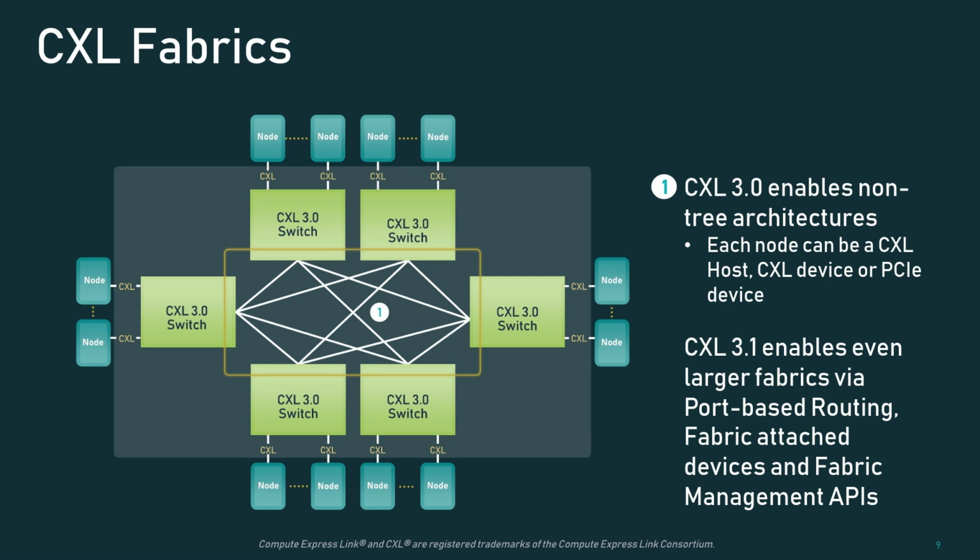We also beefed up our fabric management APIs because such a large fabric requires very careful management and orchestration. Without a standard to manage such a large fabric, it can get out of hand. So the fabric management API section in the spec was beefed up quite a bit in 3.1, so these large fabrics can be configured and operated efficiently.